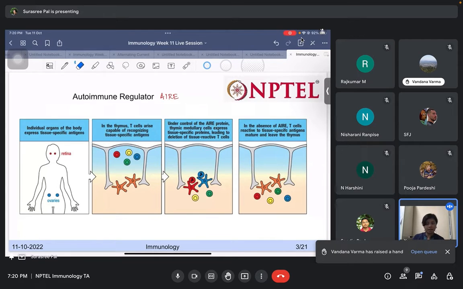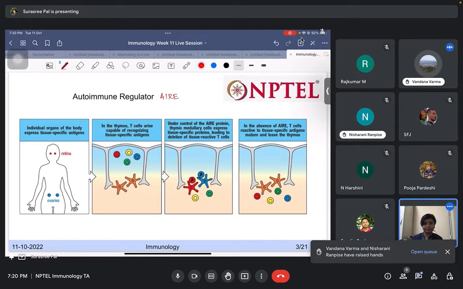But autoimmune disorders are a little difficult to treat, but there are some drugs which can reduce the effects of the symptoms. I think those drugs are there, but I will need more information about that to tell you in detail. Thank you so much, ma'am.